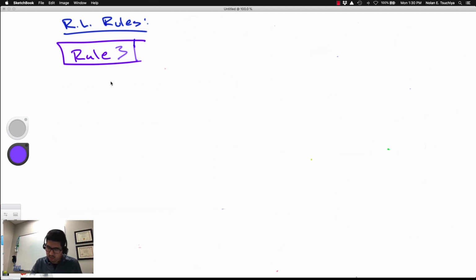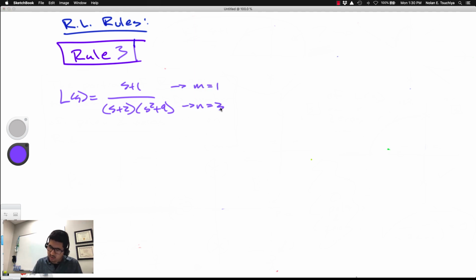Okay, so in Rule 3, let's look at one scenario here. All we're going to do is include one additional pole, and in this case we find that m equals 1 and n equals 3. There's 1 zero and 3 poles.